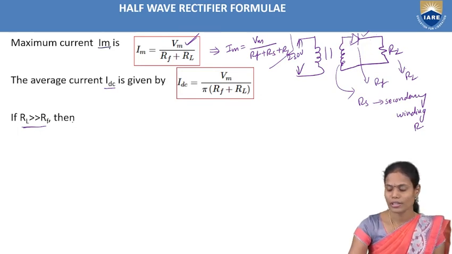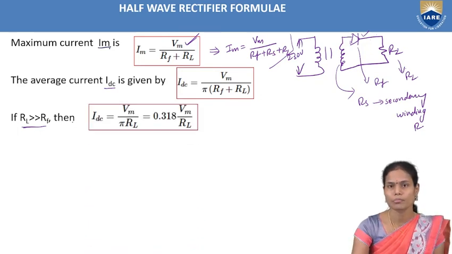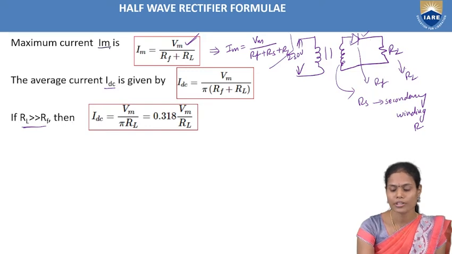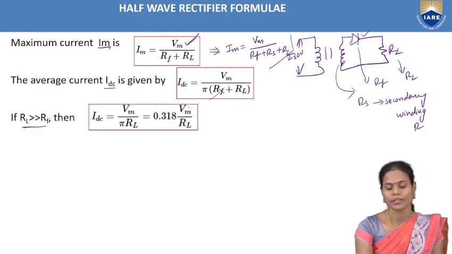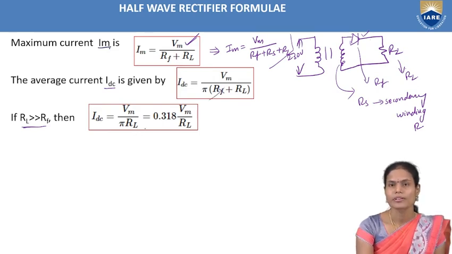So in that particular case, IDC is approximated as Vm by pi into RL. Why? Because we are neglecting the RF value here. Vm by pi RL. So 1 by pi value is 0.318, so IDC is 0.318 into Vm by RL.